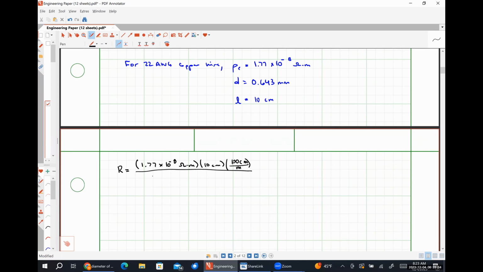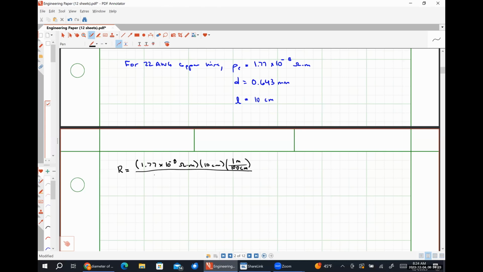I'm trying to get rid of meters. Actually, no, you're right. I'm going to have meters squared over meters squared. Thank you, Ashton. You're correct. All right, so now I'm going to have meters squared, and then I'm going to have to convert.